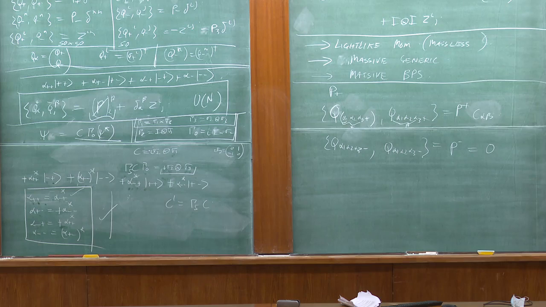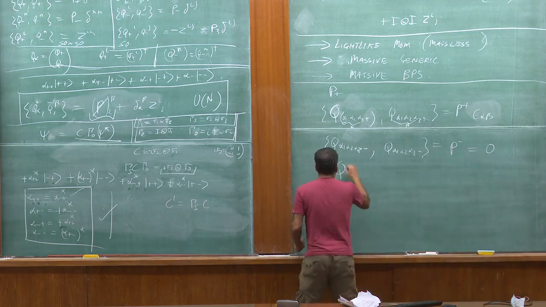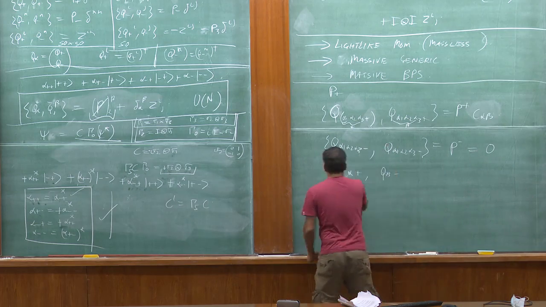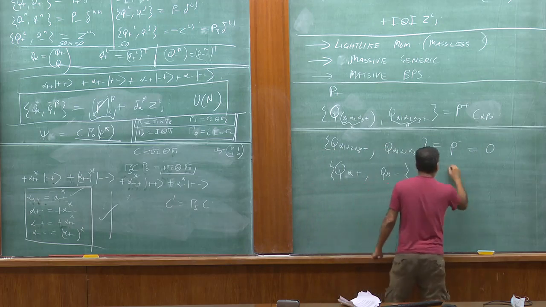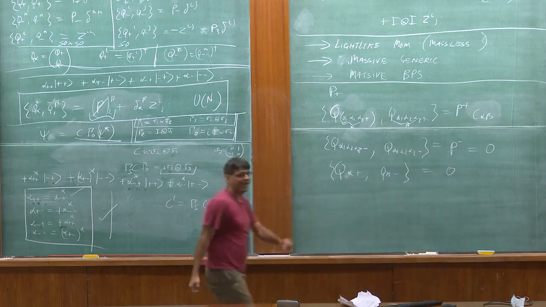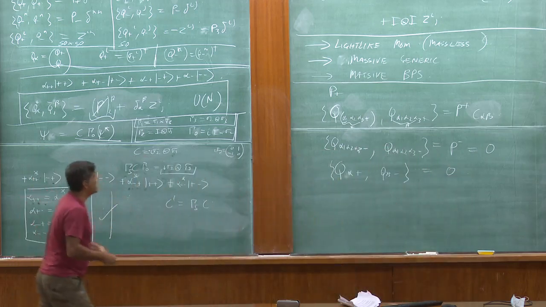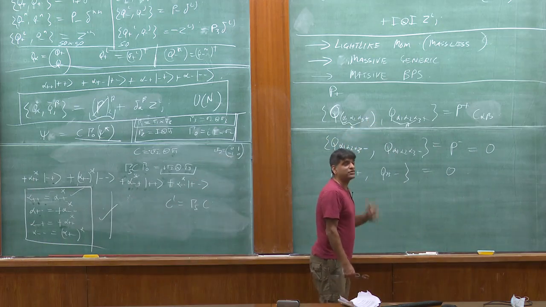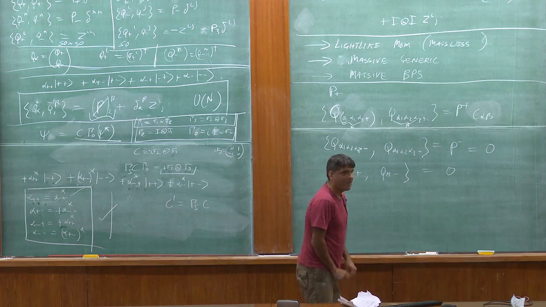Okay, so we will get this structure, and then we also get q alpha, let's say, plus q beta minus. This is because there are no central charges. This is equal to 0. Now you see that we're going to get this kind of structure is obvious. Why is it obvious?